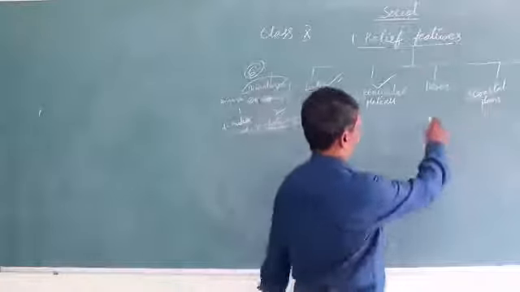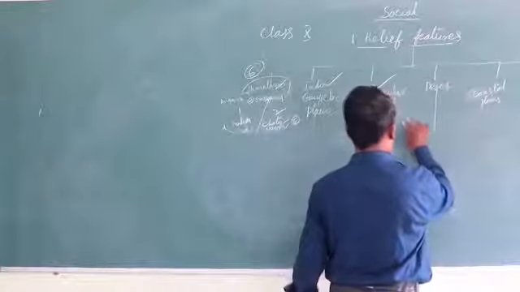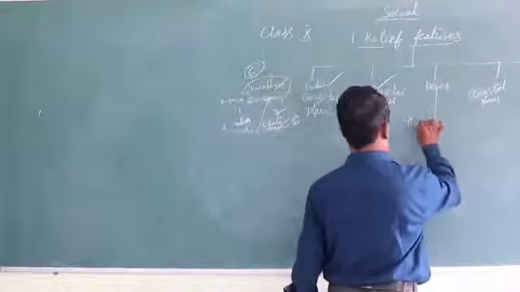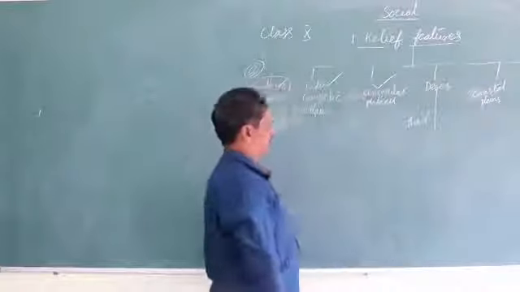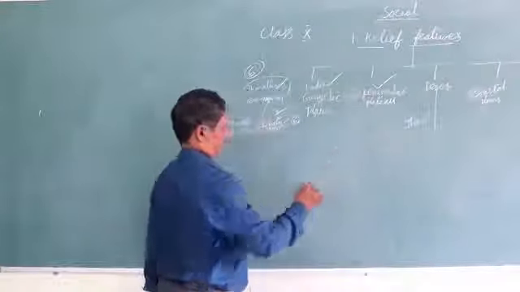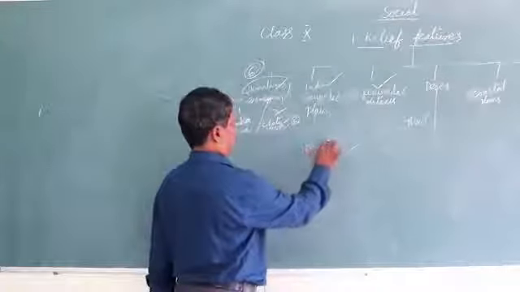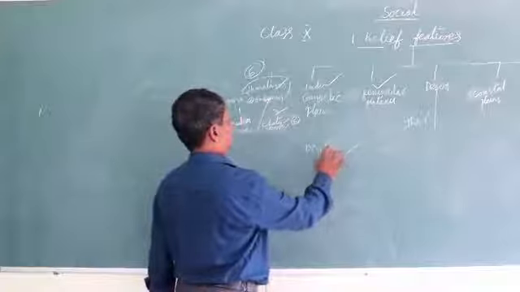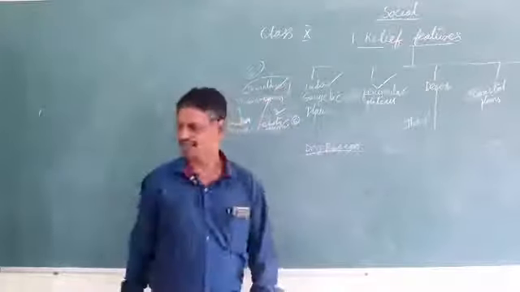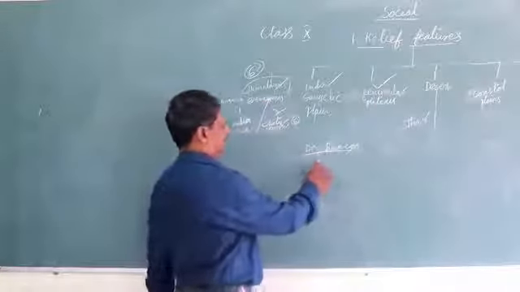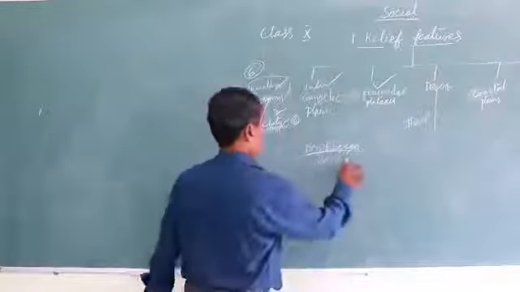Now this is the desert area. What is its name? Thar, the great Indian desert. Okay. So regarding the Thar, it's a dry region. Why the dry region? Because it doesn't receive adequate rainfall.